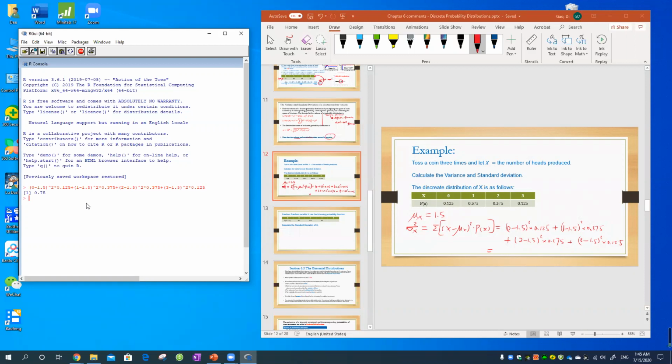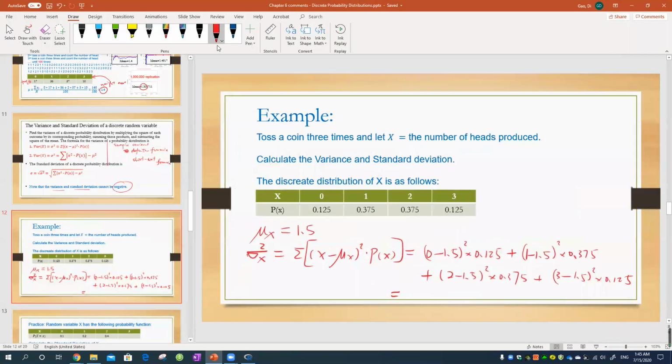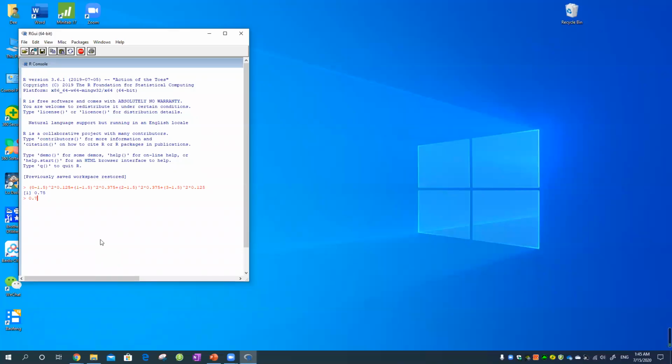The result is 0.75, and that is the variance. Then the standard deviation equals the square root of the variance, which is the square root of 0.75, which is 0.866.